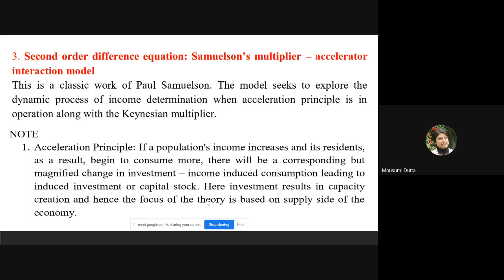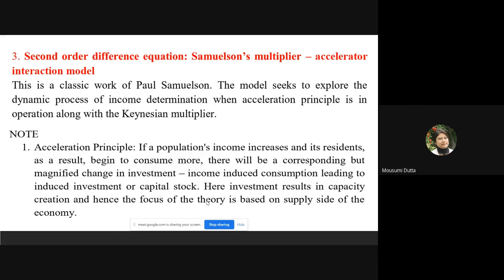Are you familiar with the name of Keynes? Yes, ma'am. Okay. So this is the context. I hope you are understanding here.